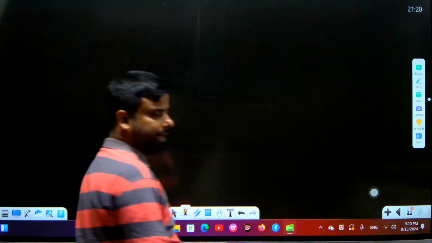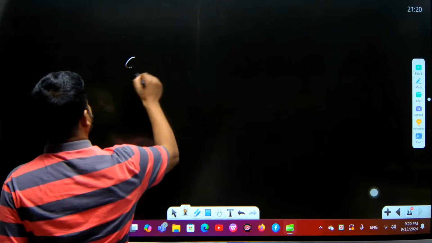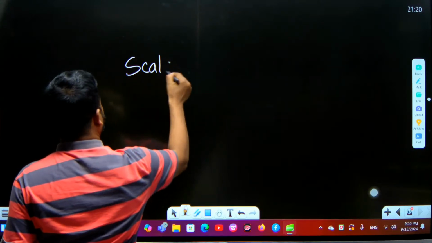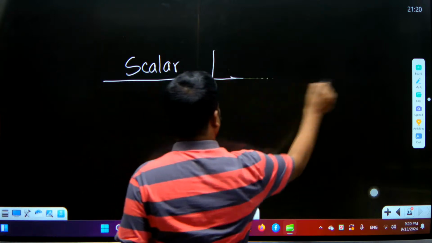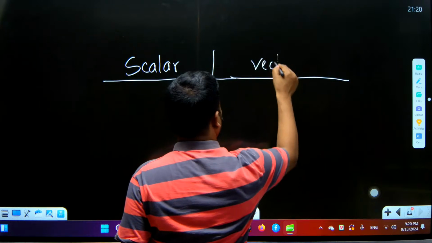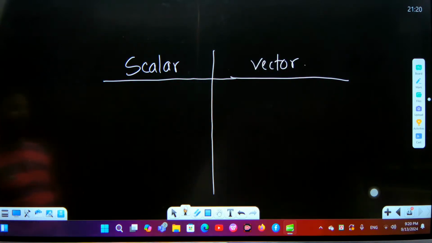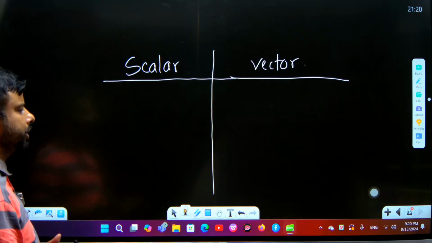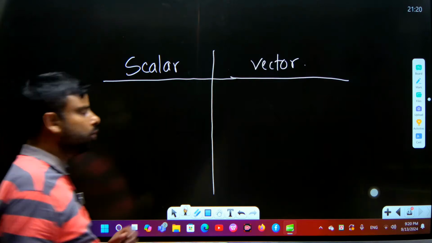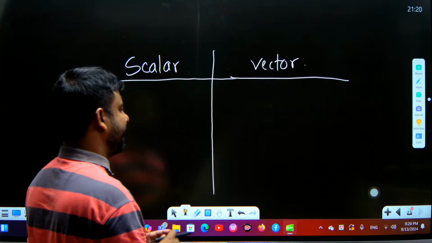Now another thing, scalar and vector. According to the necessity of mentioning direction, physical quantities are of two types.